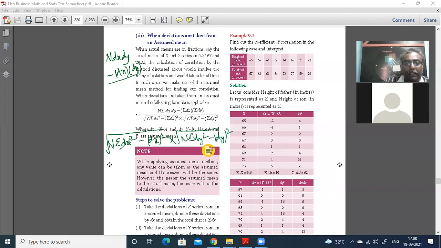See the same thing: n into sigma dx squared minus sigma dx the whole squared for x, and then n into sigma dy squared minus sigma dy the whole squared for y. Everything is the same.